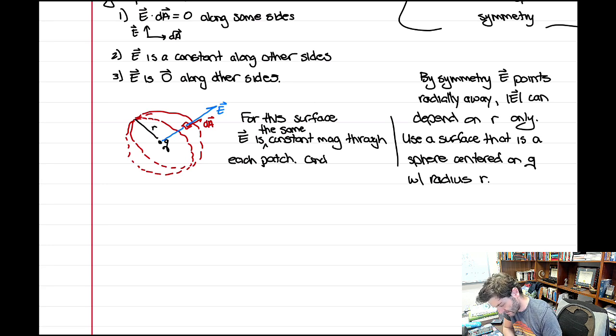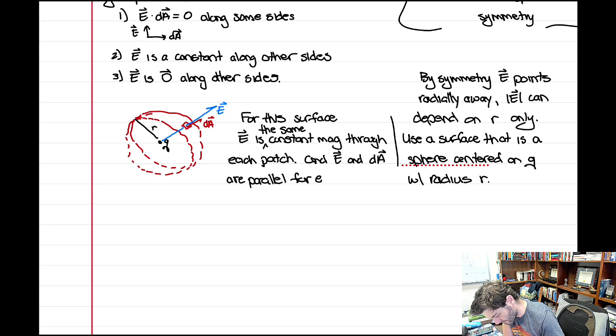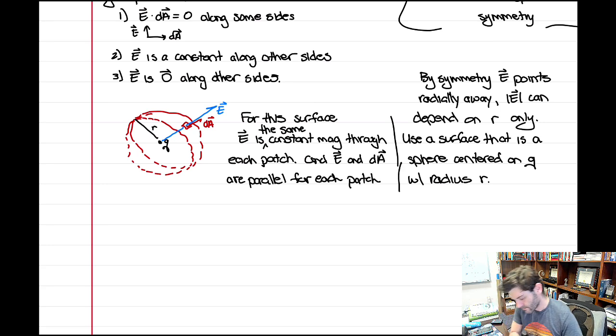And the angle between the electric field and the patch, in each patch, is 0. So E and dA, the vector that points perpendicular to the patch, are parallel for each patch. So then the dot product is just the magnitude of the electric field times the magnitude of dA, because cosine of 0 is 1.